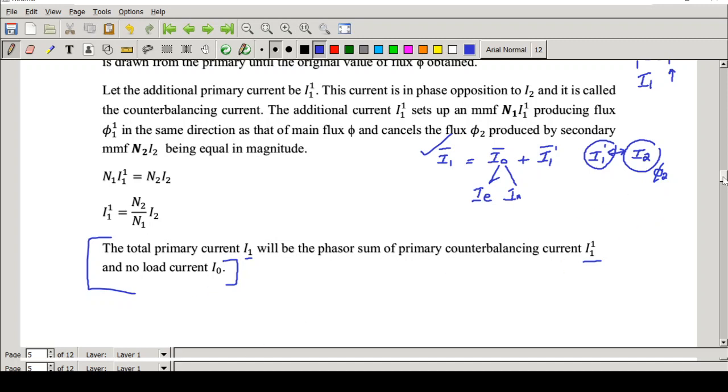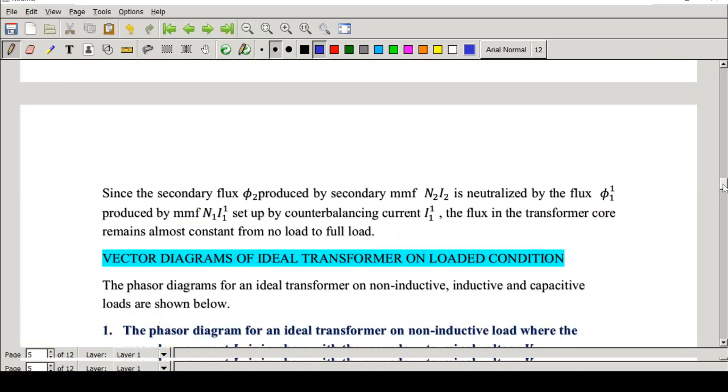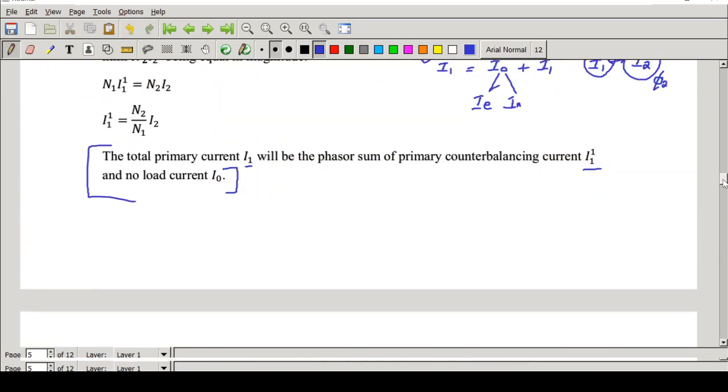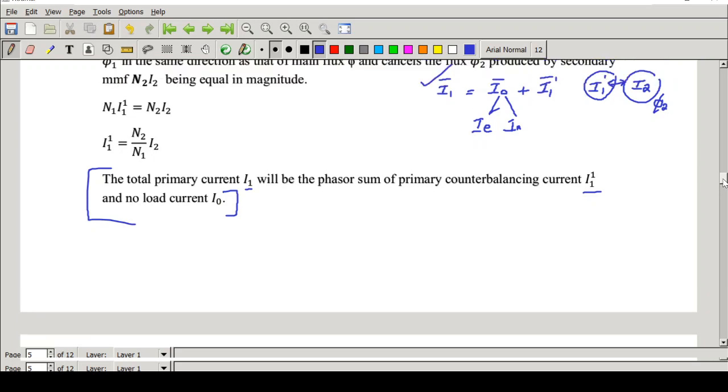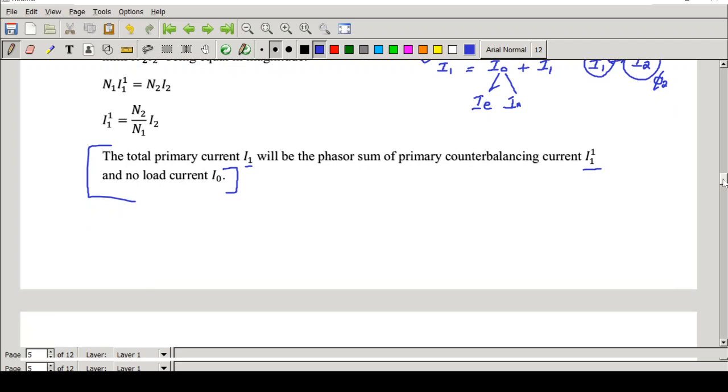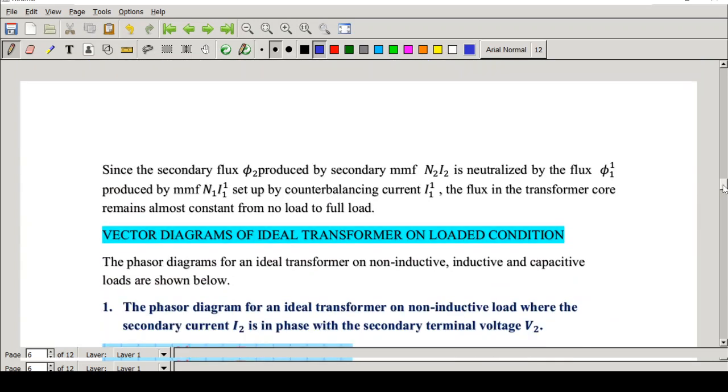Okay, this is the same as what we have discussed in the case of a motor also. Sorry, not motor, that is armature reaction. When we discussed armature reaction, it is basically the reduction in the flux, right? So that counteracting flux, how will you manage that in order to reduce the effect of armature reaction? You will connect another winding in series with the armature, and you will allow one current to flow opposite in direction. Okay, so that we have already discussed.